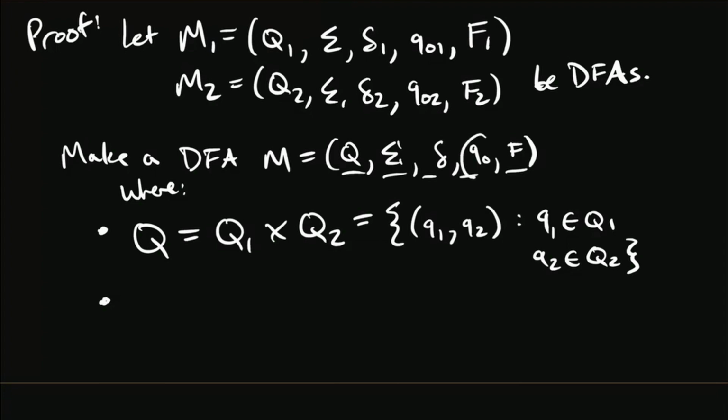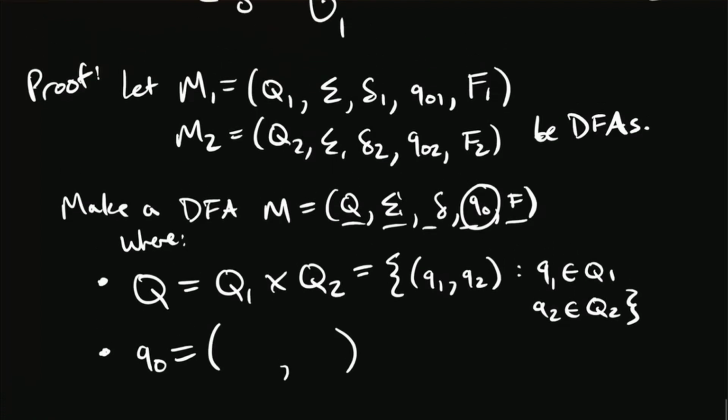Well, let's see. What does Q0 then have to be? Because it's a state of this new machine. What does it structurally have to be? It's a two-word phrase that we just discussed. It has to be an ordered pair. So Q0 then has to be some ordered pair because all states in this machine are ordered pairs.